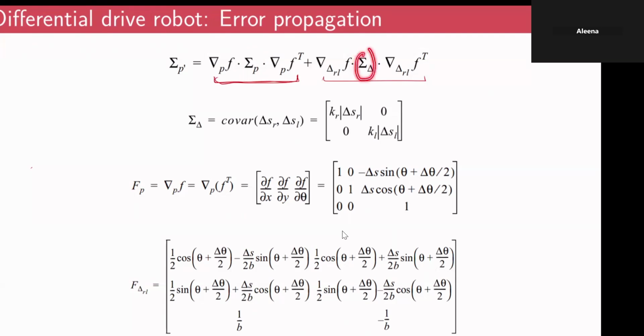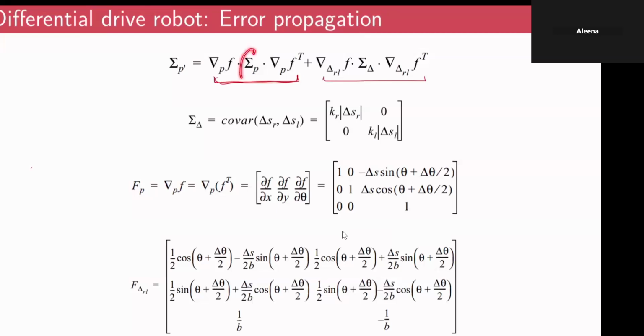It will be non-zero because as soon as you measure from the encoders, you'll be getting some sort of an uncertainty. You can get this uncertainty measure by some calibration, or maybe it will be available from the manufacturer itself. But there are ways to determine this uncertainty from experiments directly.